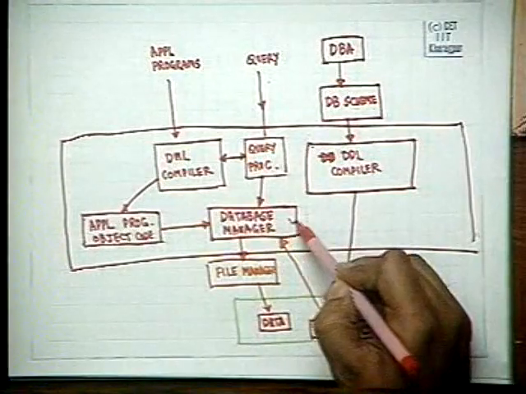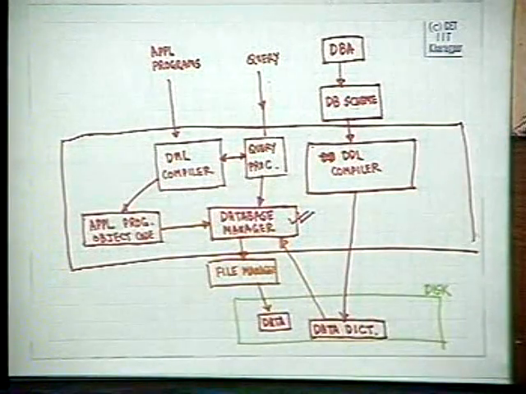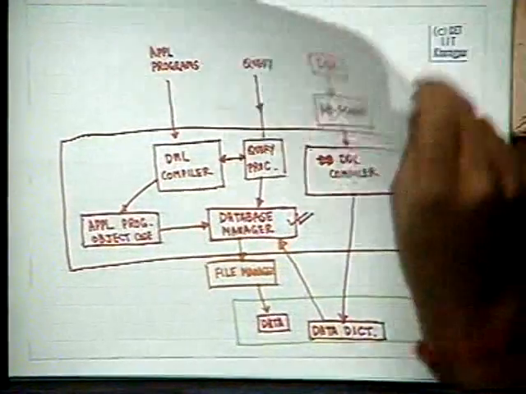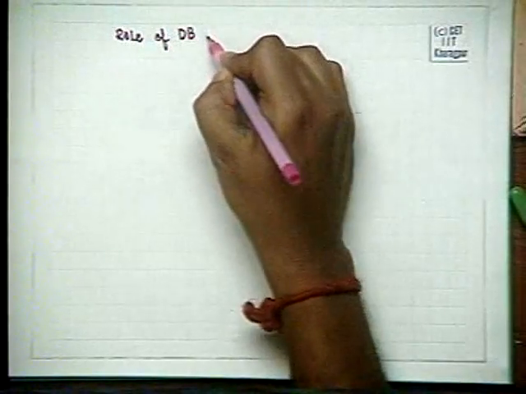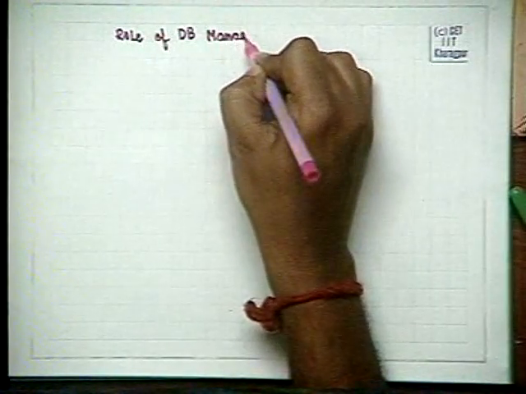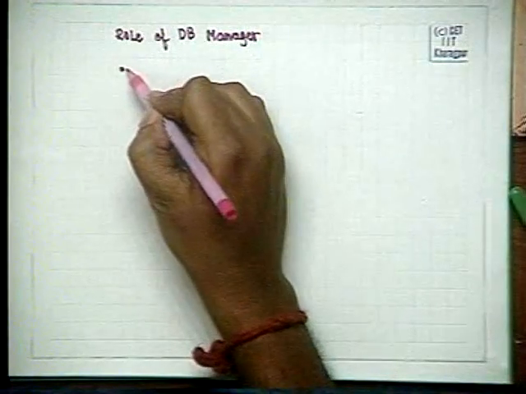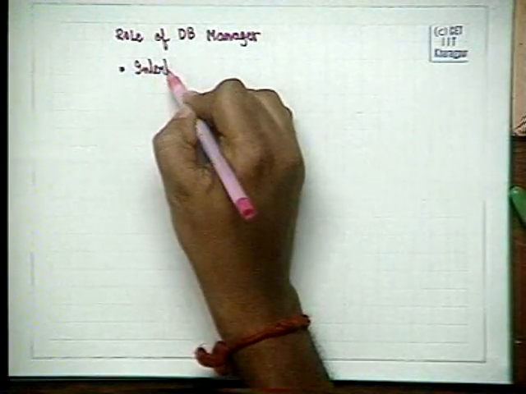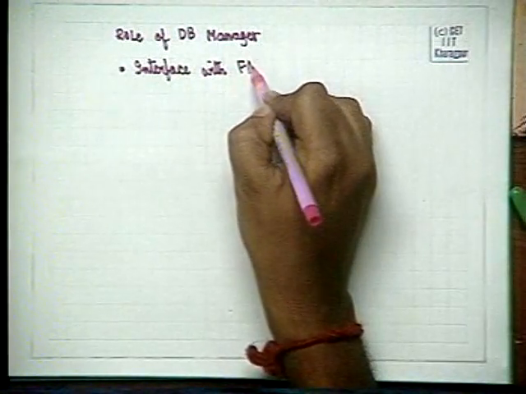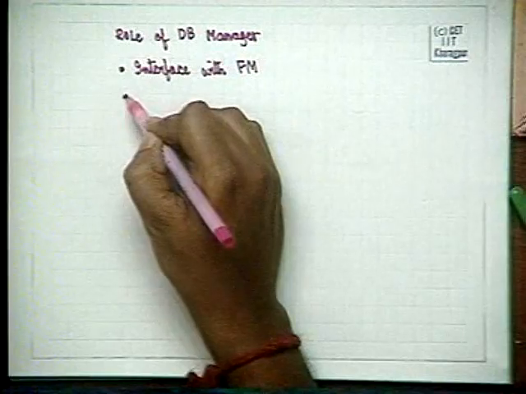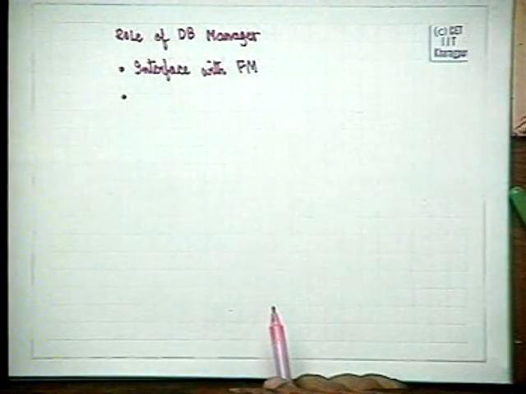The role of a database manager is very significant, and we will quickly discuss that. The first is, as we have seen, interface with the file manager. The second is integrity constraint enforcement.